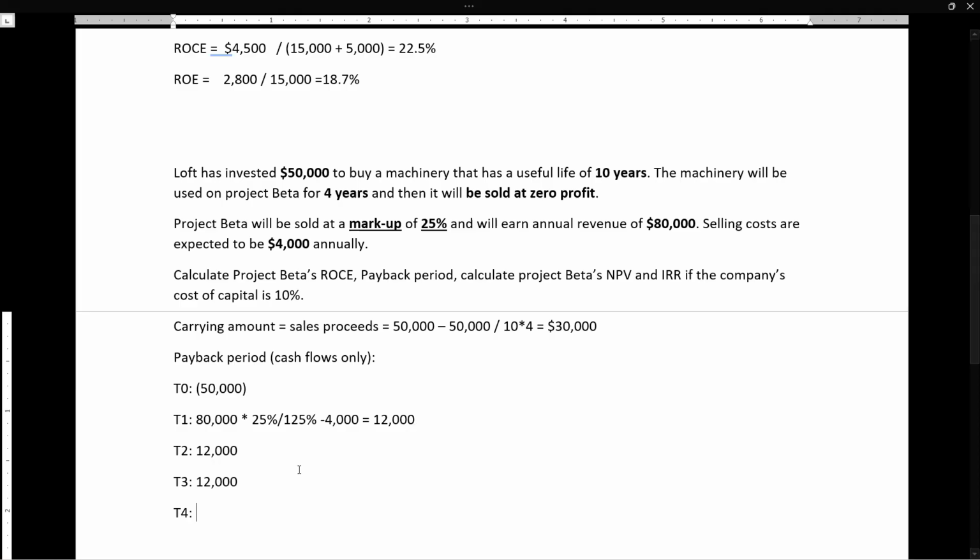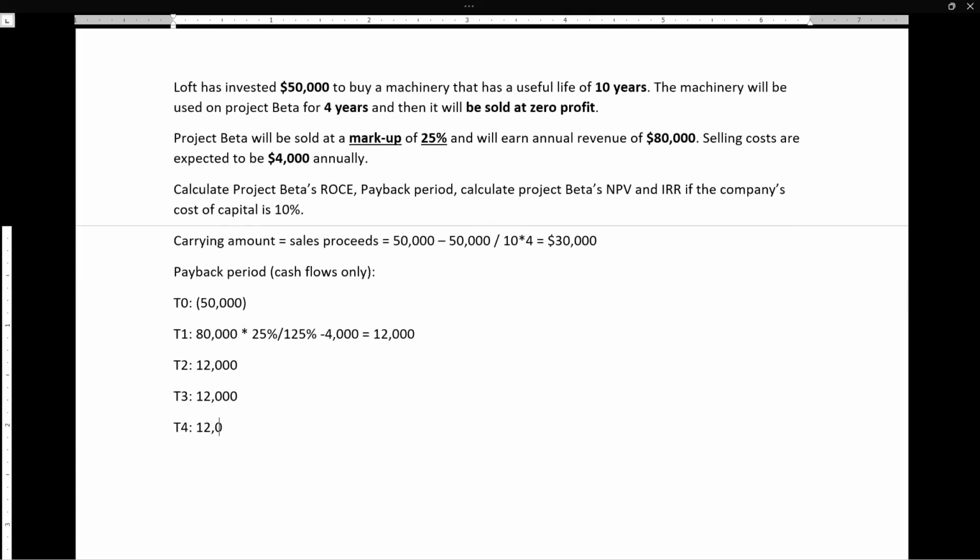So in year T4, we would have this 12,000 of return, which would still not be enough to actually recover the cost. And on the last day, we would get proceeds from the sale of this investment, so 30,000.